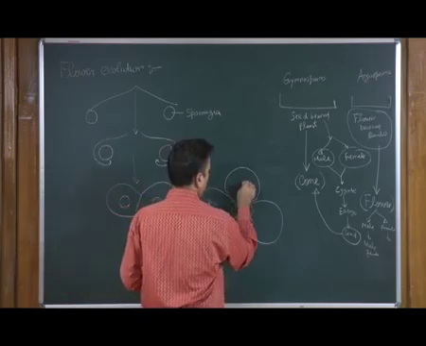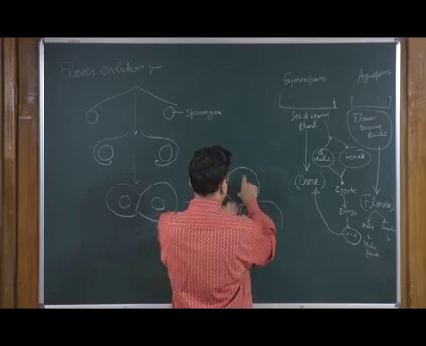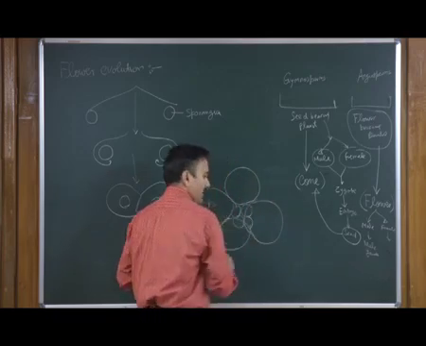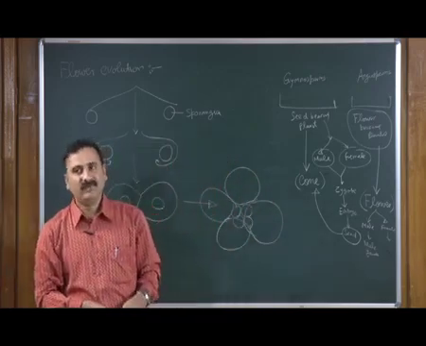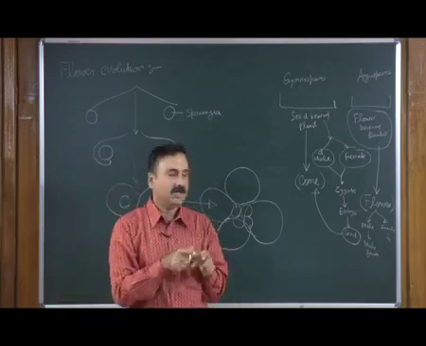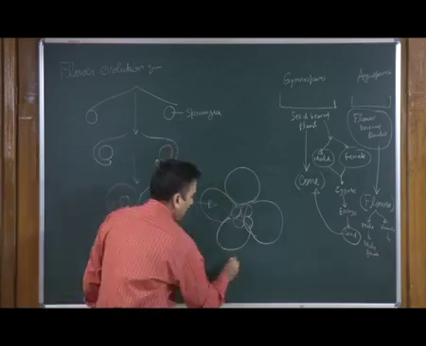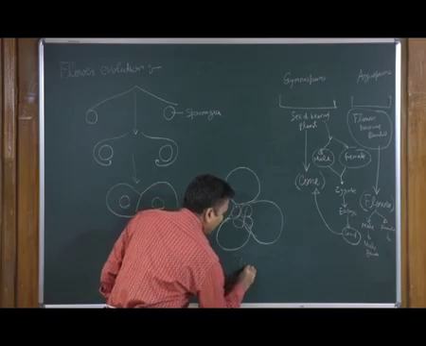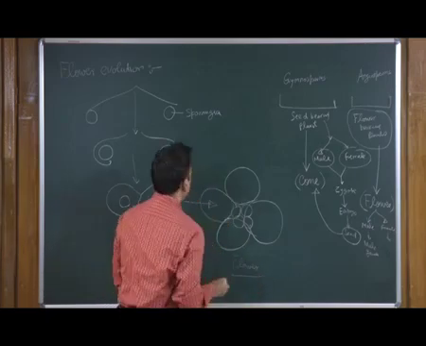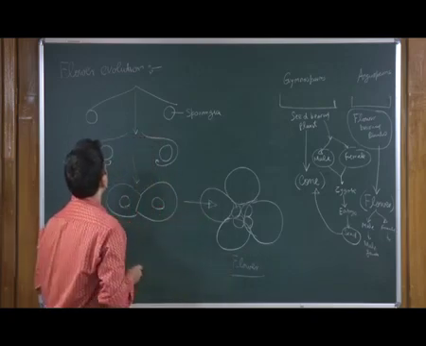You can see the individual leaves, the individual petals, and in the center you have the male or female sex organs arranged, and this is what the typical or primitive flower looks like. That is the mechanism by which the flower evolved.